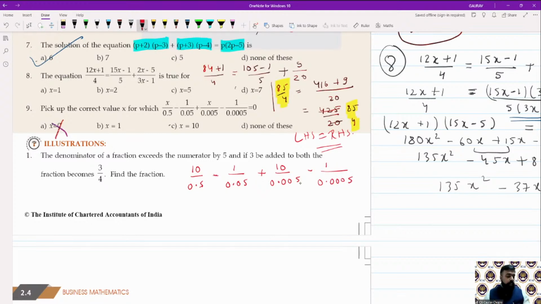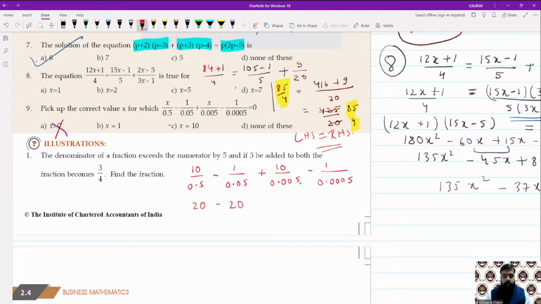And now let's check what will happen. So 10 upon 0.5, you can simply divide. 10 upon 0.5 is how much? It is 20, minus 1 upon 0.05. Simply divide on your calculator.